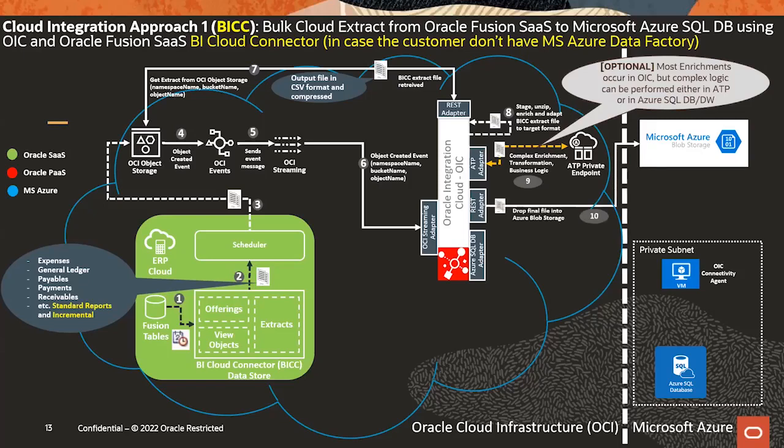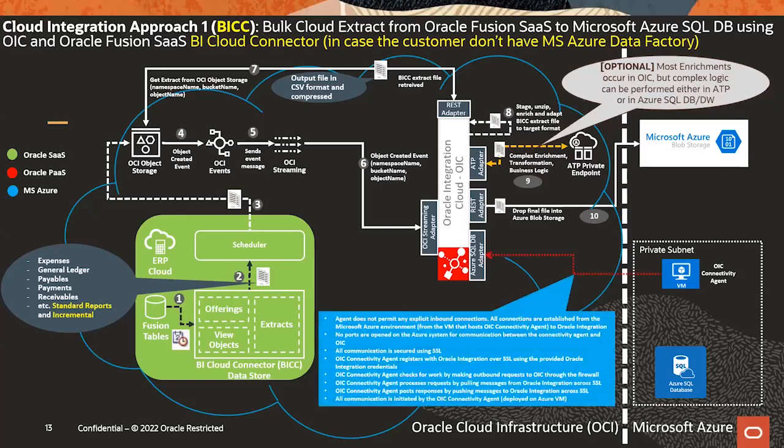Finally, once we stage the file and unzip it, we can drop the final file into Azure Blob Storage, using the REST connector and the Azure Blob Storage API. Once we have staged this file into Azure Blob Storage, one of the capabilities that Azure SQL Data Warehouse or database has is an operation called bulk insert.